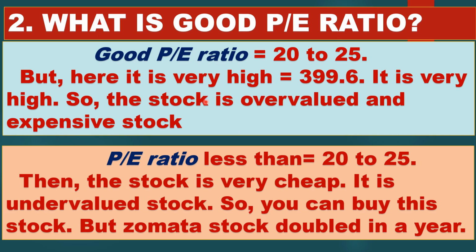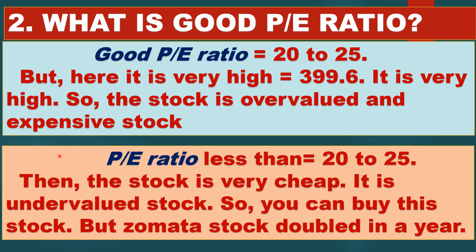From this fundamental, they will say the stock is overvalued and expensive because the PE ratio is higher than 20 to 25. Now, PE ratio less than 20 to 25, what does that mean? That the stock is very cheap. It is an undervalued stock, so you can buy this stock.